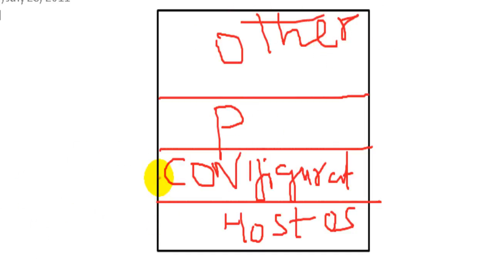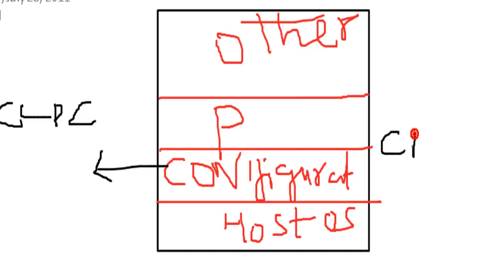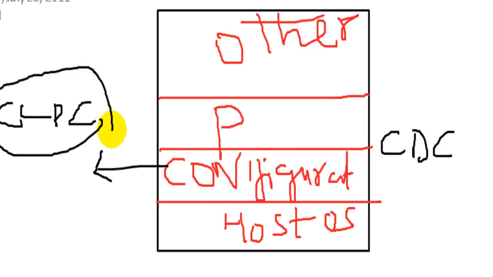In the configurations layer, we deal with either CLDC type devices or CDC type devices. CLDC means Connected Limited Device Configuration, and CDC is the Connected Device Configuration for set-top boxes and all. If you have PDAs or mobile phones, you'll be using CLDC.